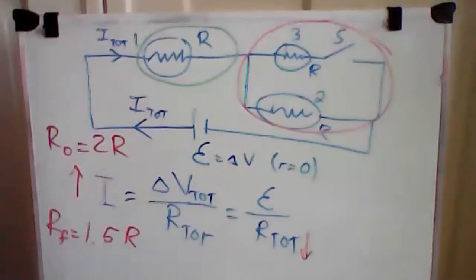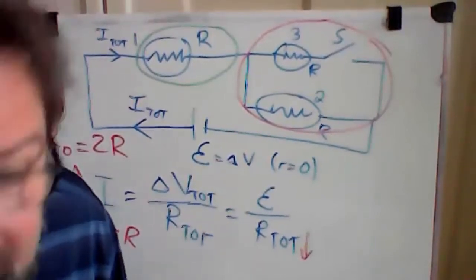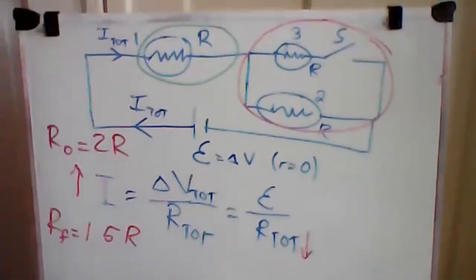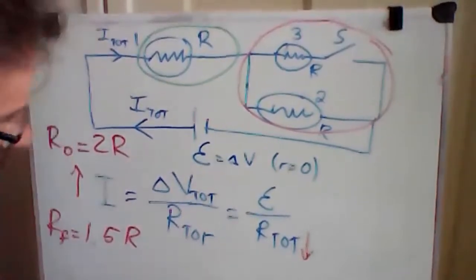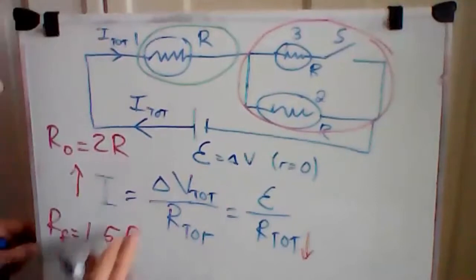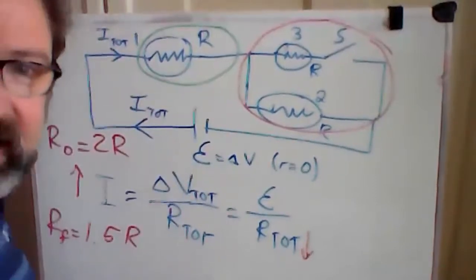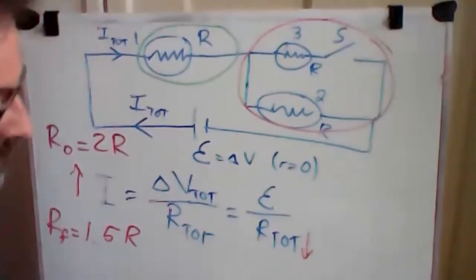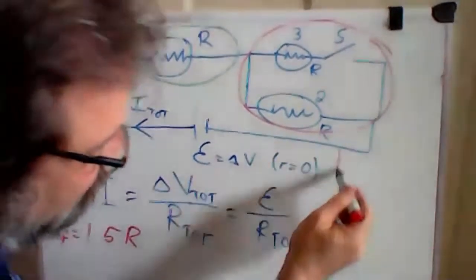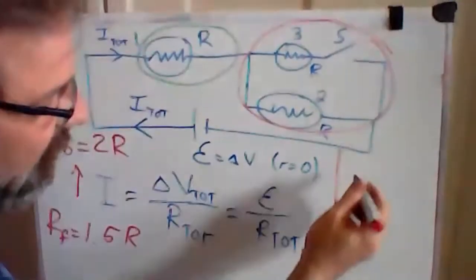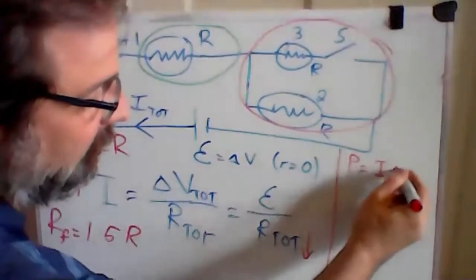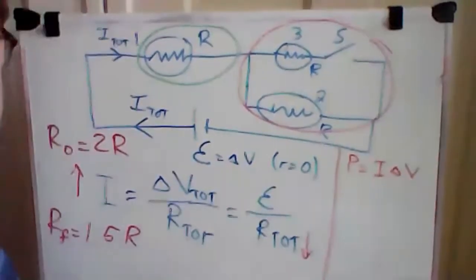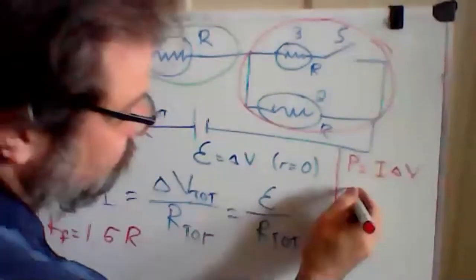Now, they want you to actually quantify this based on the power statement. So we're looking at the power that's dissipated in here. And there are three equations that we have for power. I'm just going to remind you guys about those, and you should always have all of them in mind. So P equals I delta V is the first one.